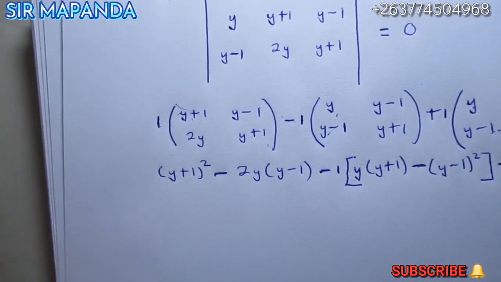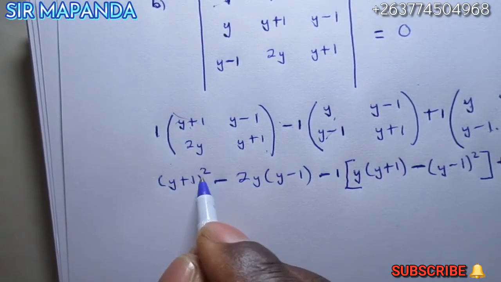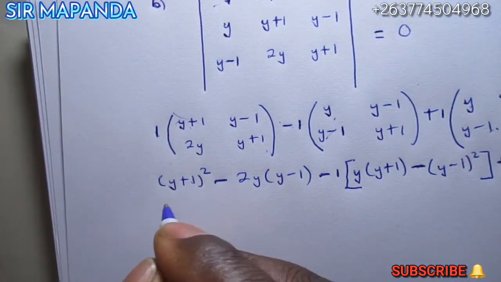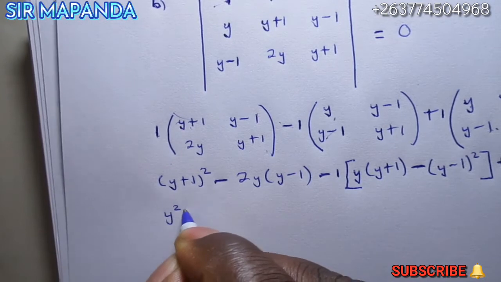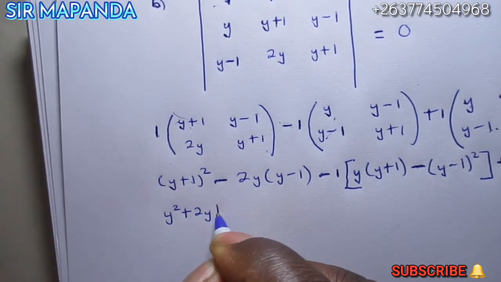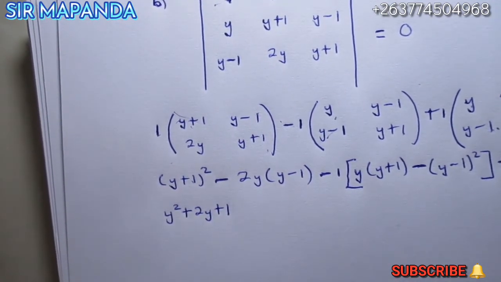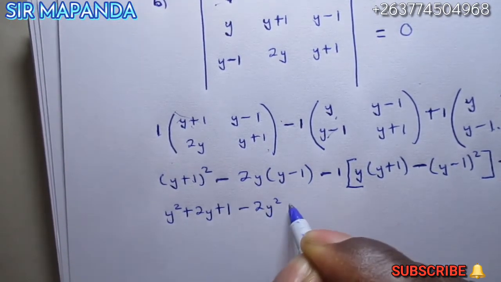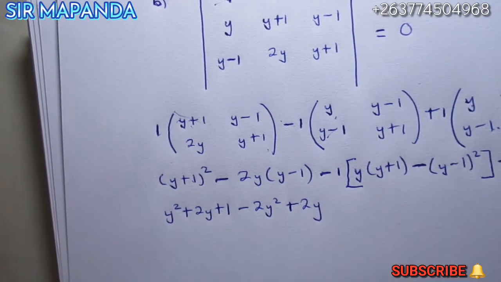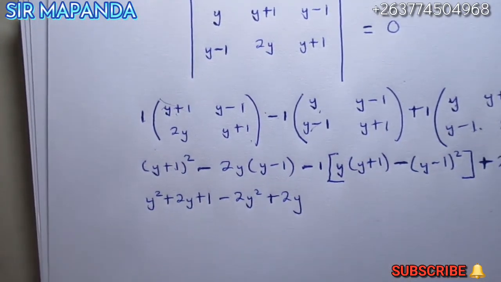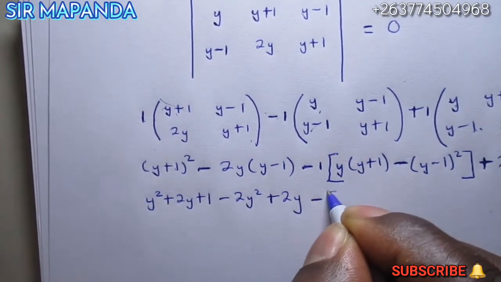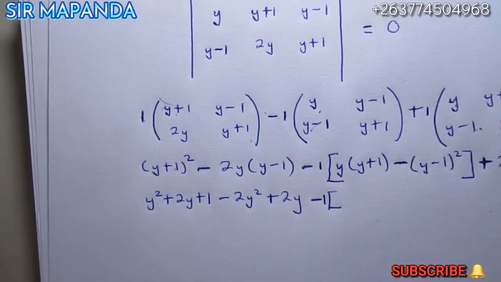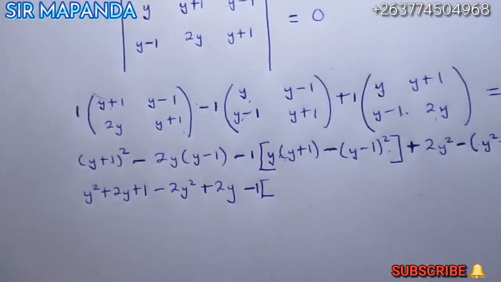Right. So what is y plus 1 squared? You get y squared plus 2y plus 1. Then here you get minus 2y squared plus 2y. I hope you are following. Then let me hold this negative 1 so that I finish up the multiplication here inside the big bracket.